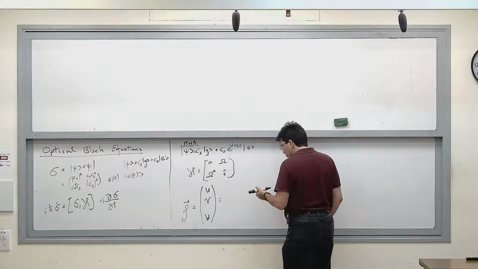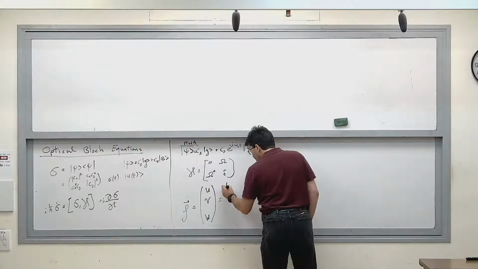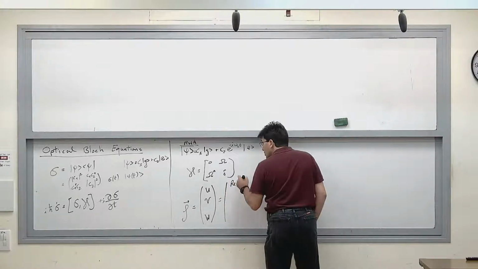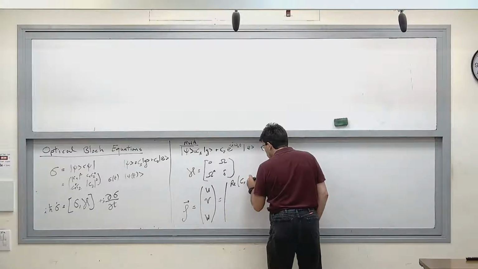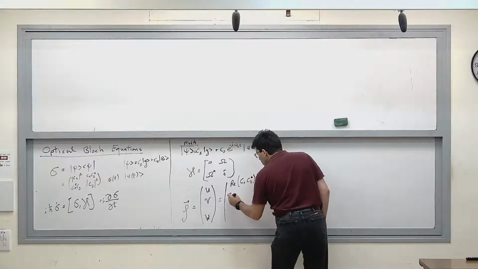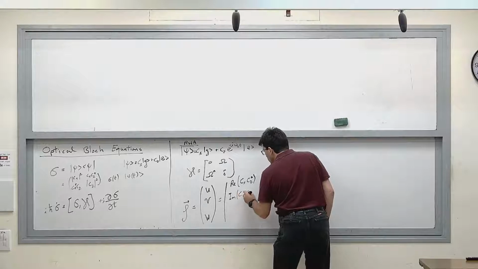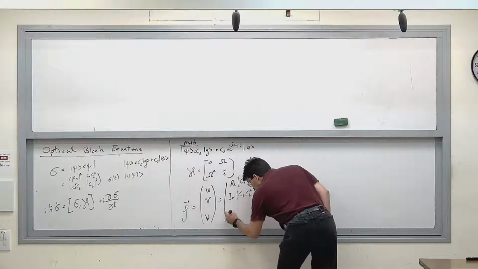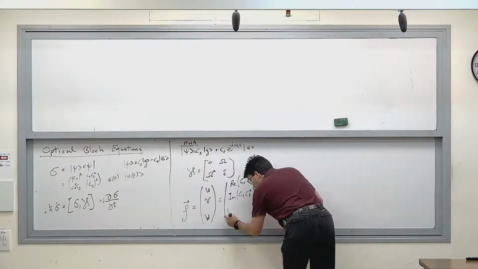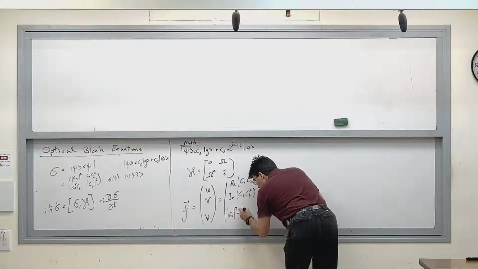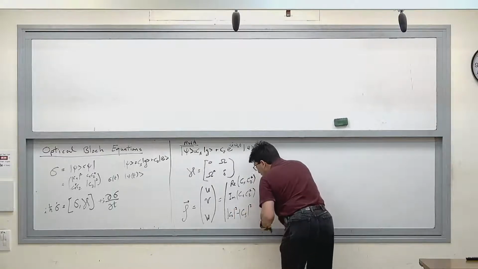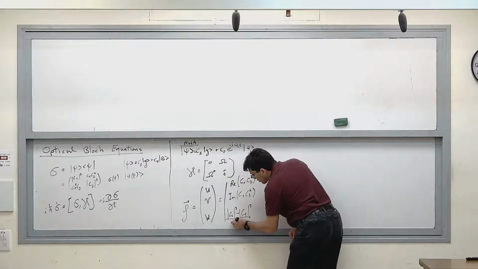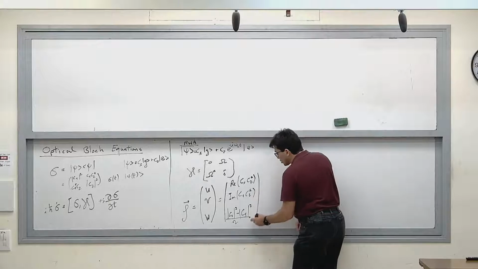And those are just the real part of C1 C2 star, the imaginary part of C1 C2 star, and w is the population difference, C2 minus C1. Now, I think that we had a half here. So, divided by 2. Yeah, up to a constant, everything's fine.